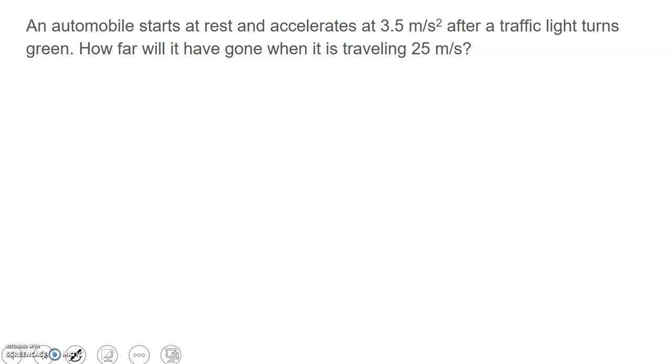So again, we list our knowns and our unknowns. We know the automobile starts from rest, or with an initial velocity of 0. Objects at rest are not moving.